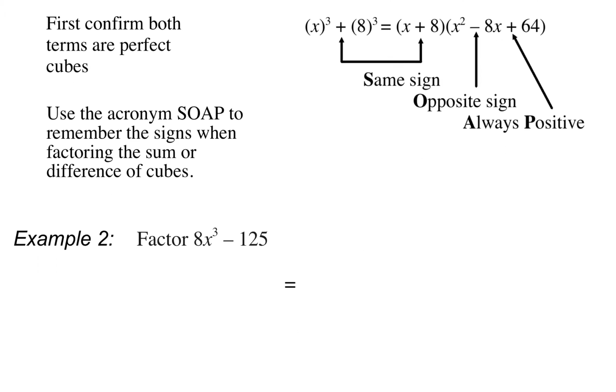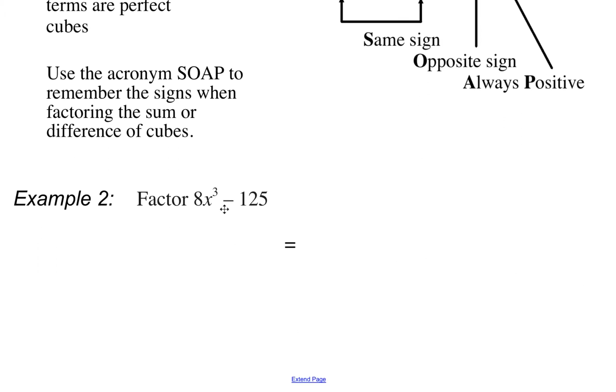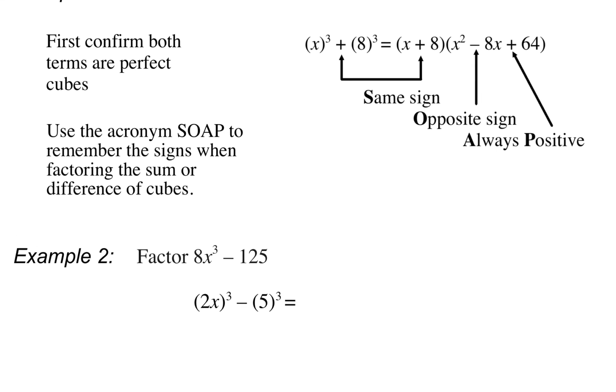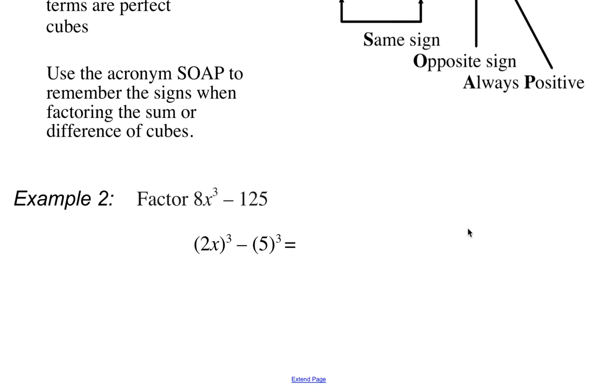Let's take a look at another example. 8x cubed minus 125. We need to find a way to write 8x cubed as a perfect cube, and that turns out to be 2x to the third power. 125, the cubed root is 5. So now let's go ahead and apply the formula that we had above, where we're going to square the first term, multiply, and then square the last term.